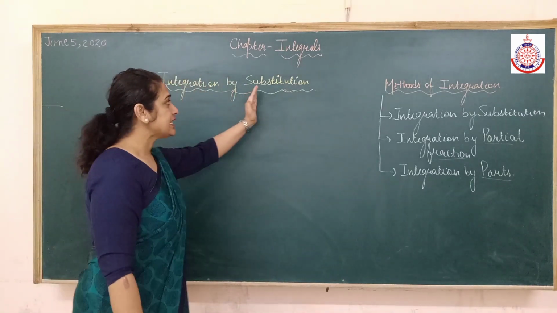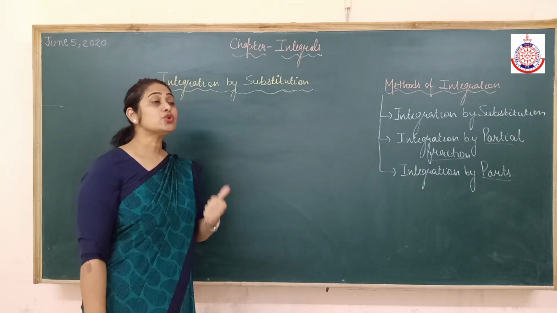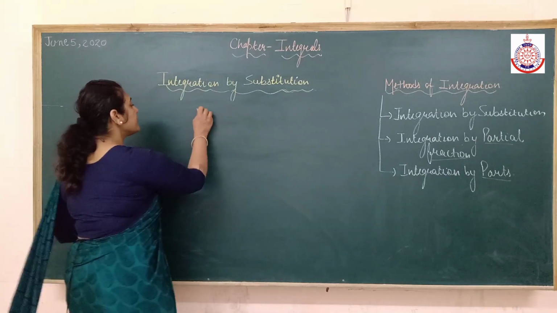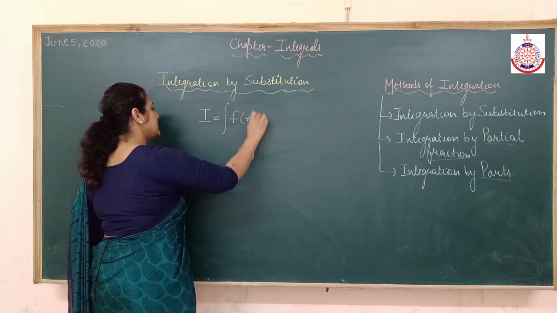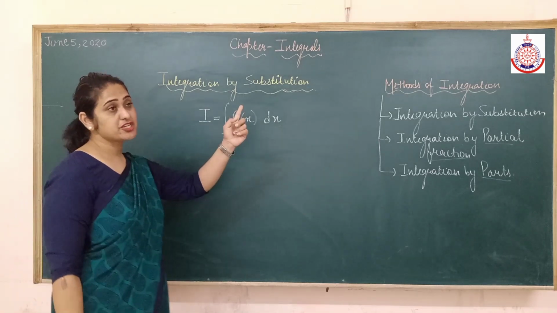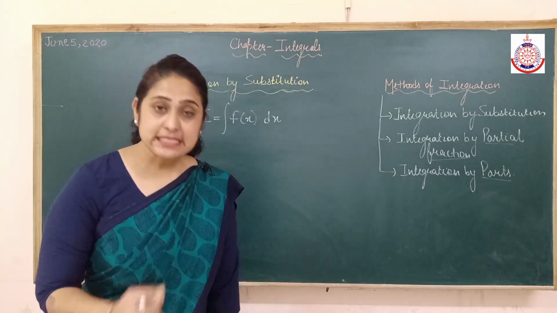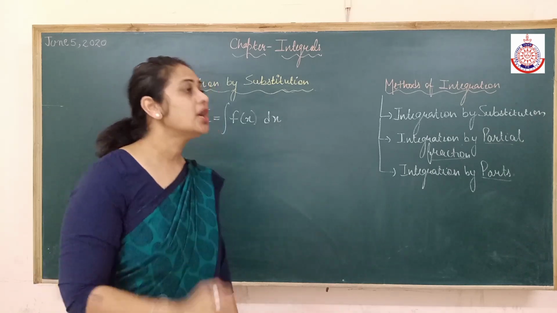By name it is clear, substitution means we are going to substitute something. If the integral is given to me, f of x dx, I hope you all remember the basic forms. F, the function, is called integrand. X is the independent variable with respect to which we are integrating the function.